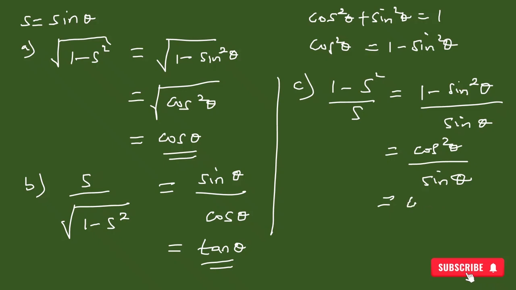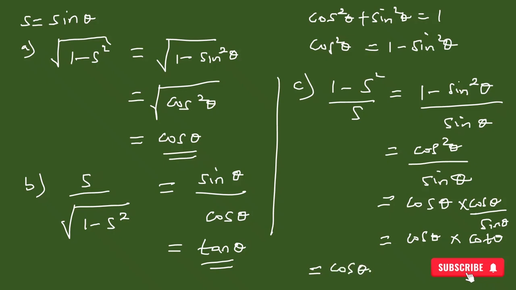I can separate this to give me cos theta times cos theta over sine theta. Cos theta over sine theta is cot theta. We already talked about this cot theta. So our expression will be cos theta cot theta. As simple as that.